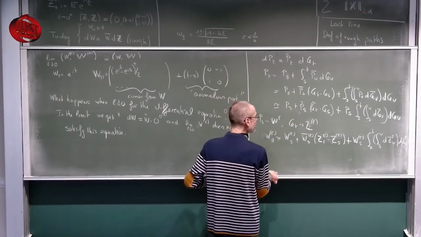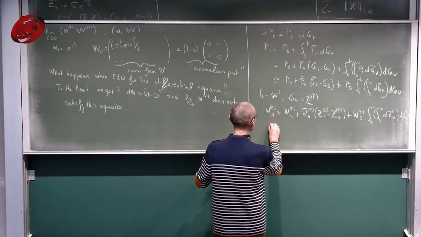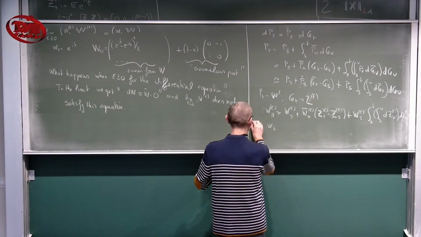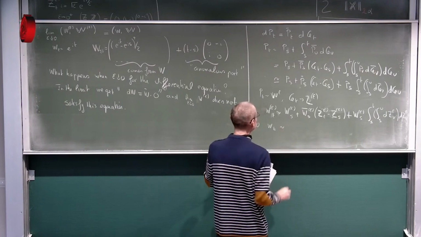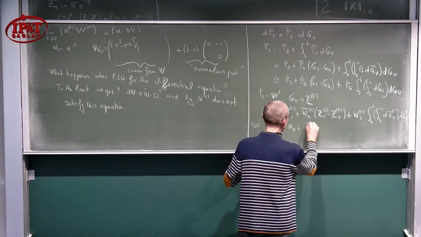And of course, now you can take the limit very gently, and what you get is W. I let epsilon go down to 0 naively somehow, and I get this equation that this is going to be Ws plus W bar s.